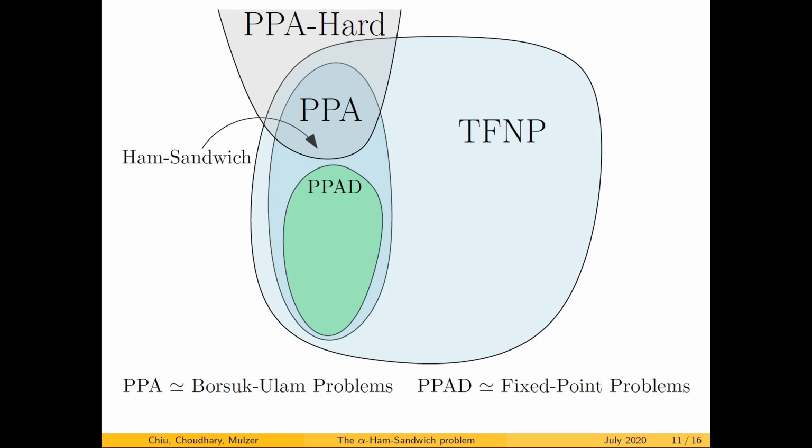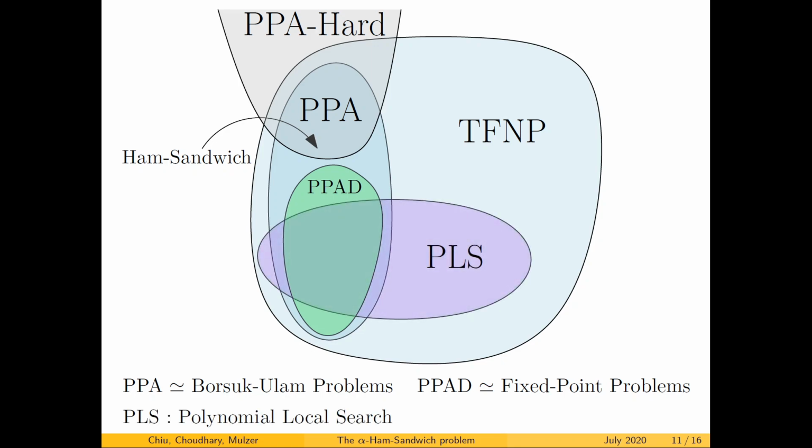A subclass of PPA is PPAD, which relates to search problems associated with the fixed point theorem. Then we have PLS, which is related to local search problems. And the intersection of PPAD and PLS contains a class called CLS, Continuous Local Search.